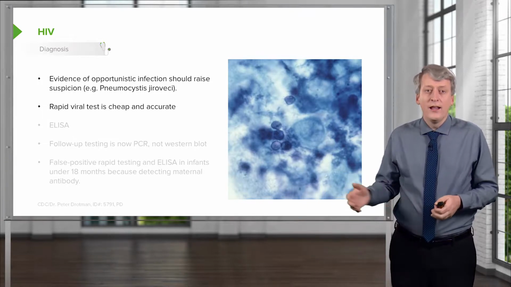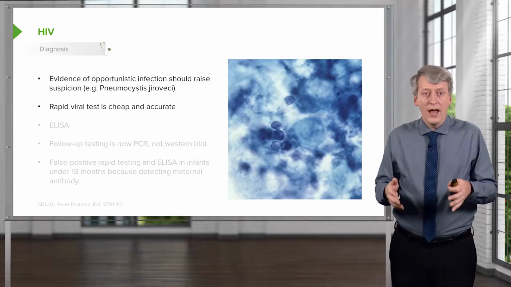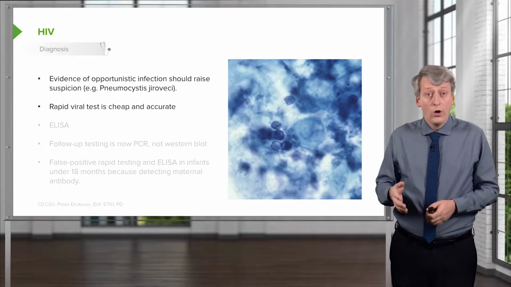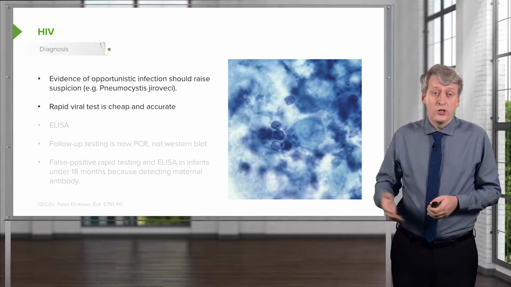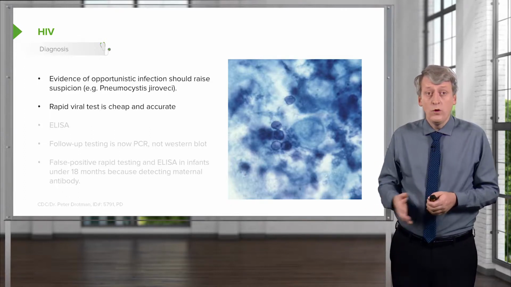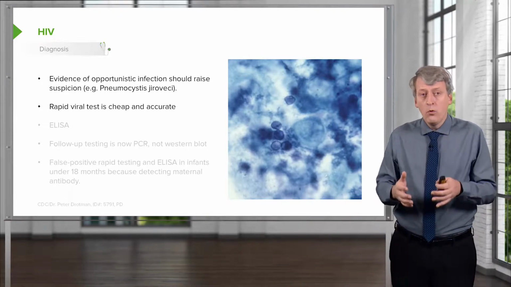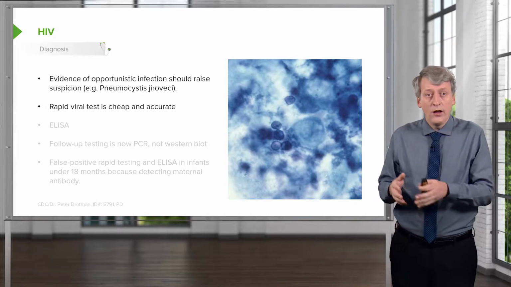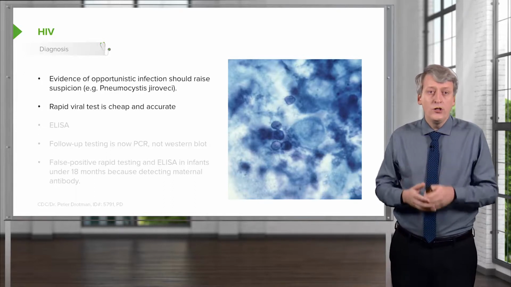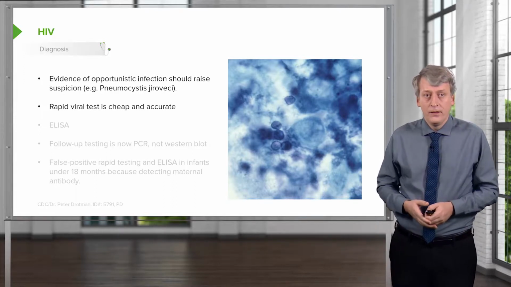Because so many adolescents in the United States do not have primary care providers, or have providers but do not feel like disclosing sexual activity or drug use activity with those providers, it's important that at all phases of healthcare, including the ER and the hospital setting, we routinely do rapid viral testing.